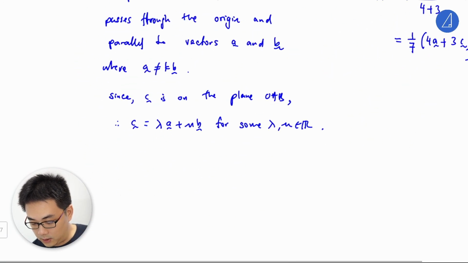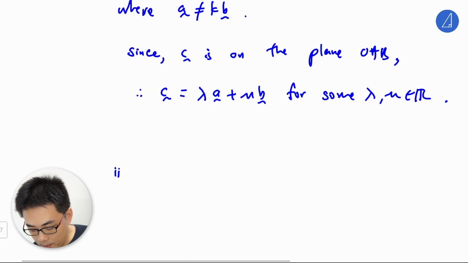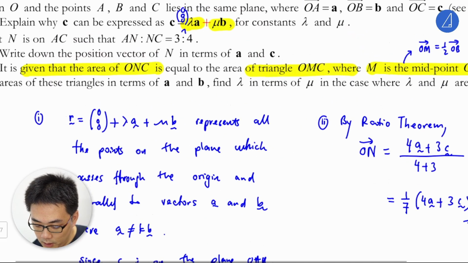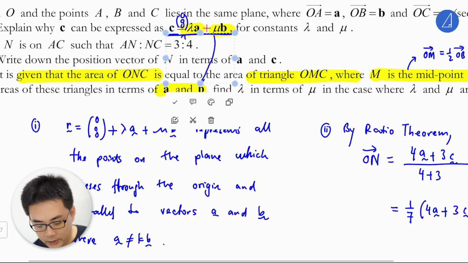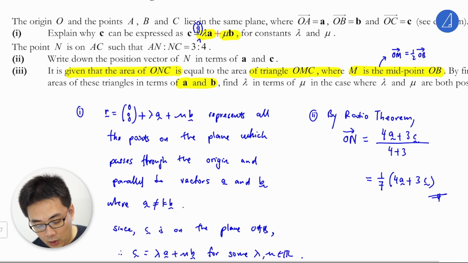So that's part 3. Remember, your currency is A and B. If you see C, you change it to A and B, because your Cartesian coordinate system now is in terms of A and B.